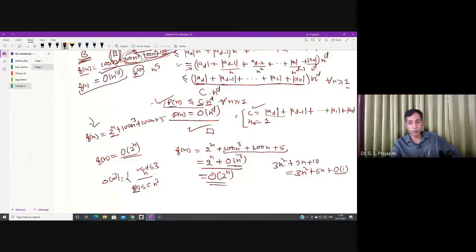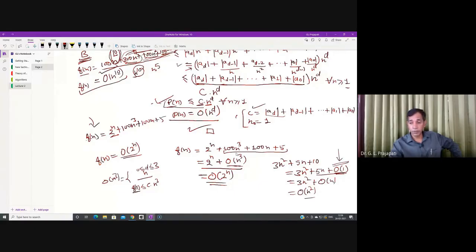Whatever the input is, you don't worry, you have some constant. This refers to some constant value, because you know that the rate of growth of a constant is always less than the polynomial. So you don't want to refer to the specific constant, you are referring to an anonymous function which is a constant. In this way you can write 3n square plus big O of n, and then finally you can say that this is big O of n square.